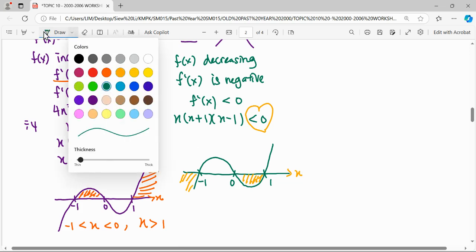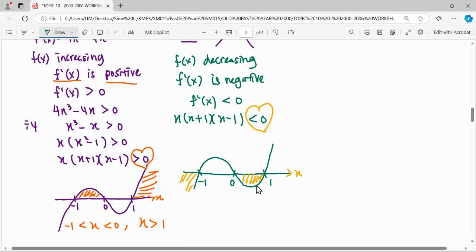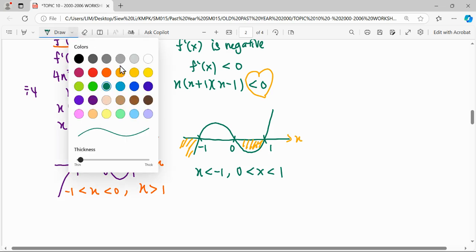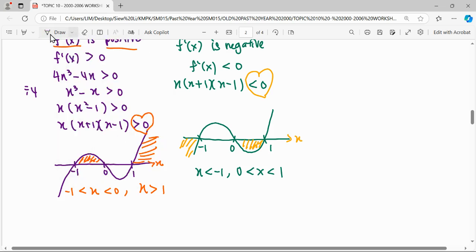Therefore, your function will be in the interval x less than negative 1 and 0 to 1. So this is the interval for the function increasing and the interval for the function decreasing. So we draw some conclusion.